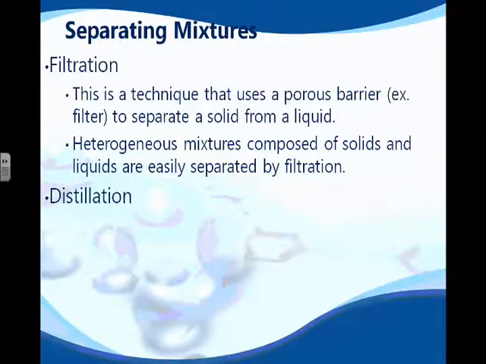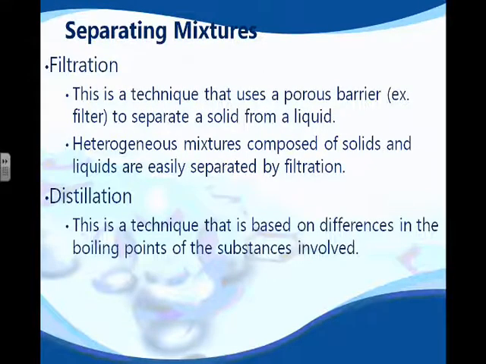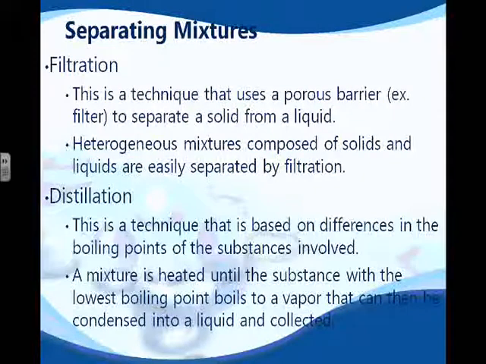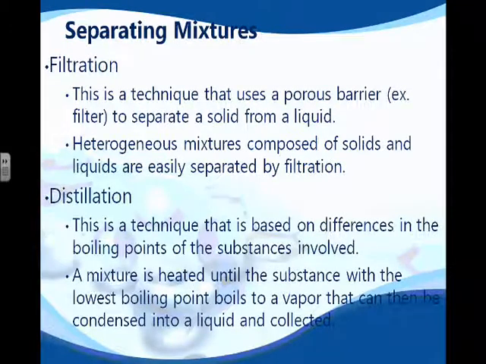Now, distillation. This is a technique that is based on the differences in boiling points of substances. If you have two things mixed together and those two substances have different boiling points, you can heat the liquids up and cause them to boil. Once they begin to boil, the one with the lowest boiling point starts to form a vapor.